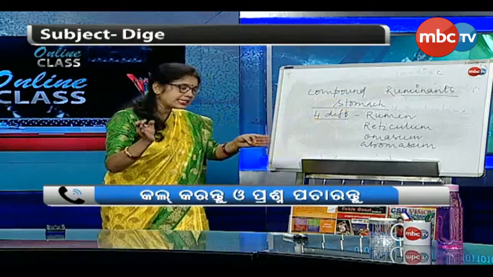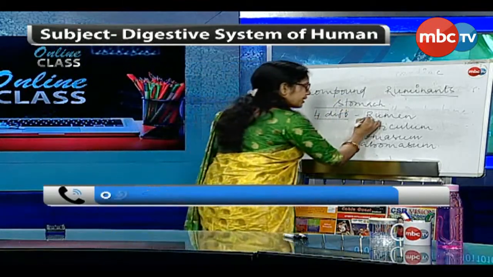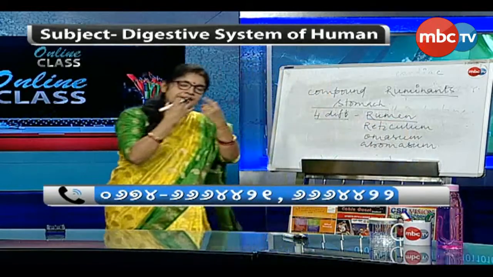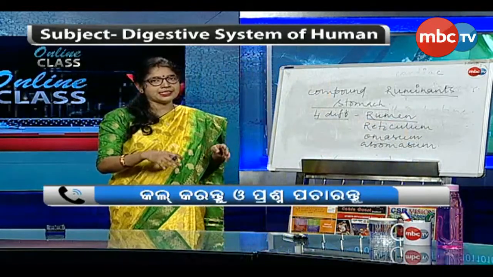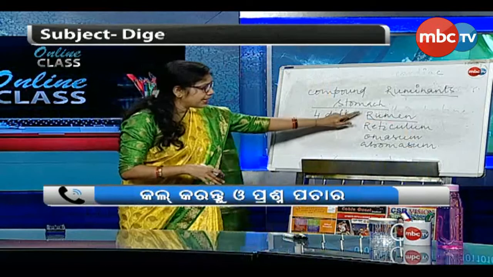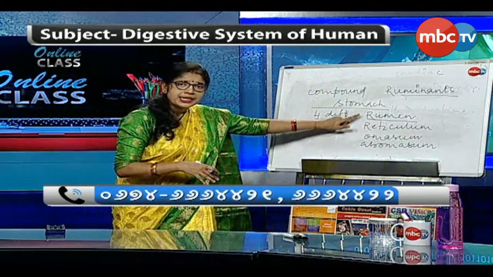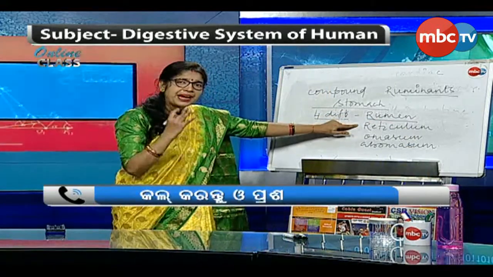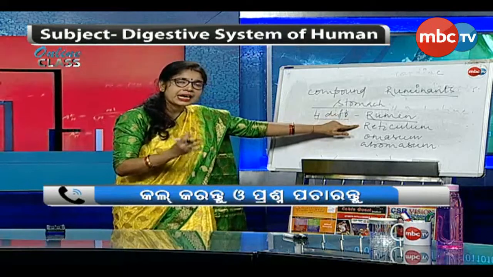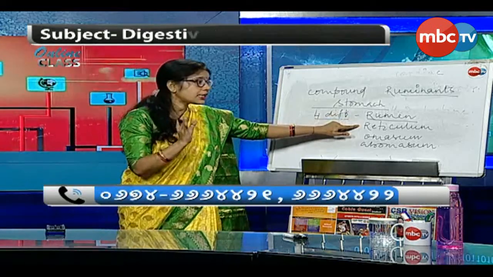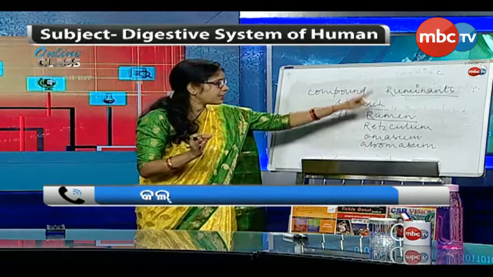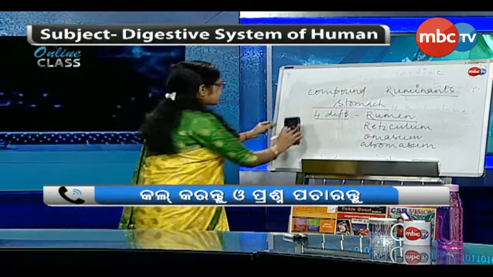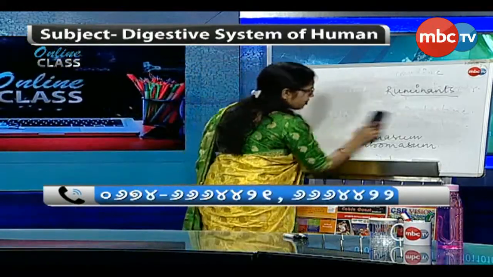In ruminants, within the rumen, the food materials taken by the animals are stored, and mainly the rumen and reticulum contain a number of bacteria, and those bacteria help in the process of cellulose digestion. Because of this, the stomach is said to be a compound stomach.